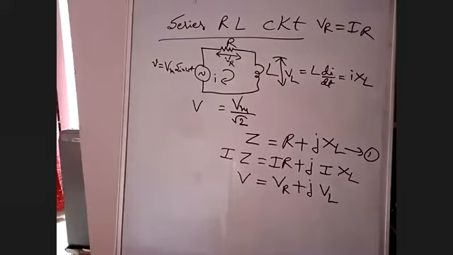Write a note: in series, current is the same, but voltage is different. If you add VR and VL, the resultant is V, the total voltage of the supply.